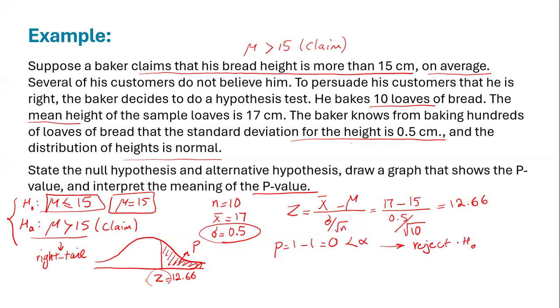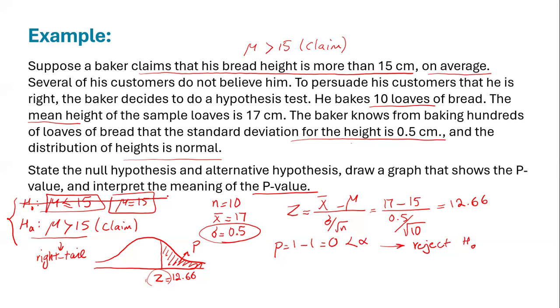If you reject the null, that means you may be able to support the alternative, because null and alternative are always complements of each other. If you reject one of them, you can accept the other one, based on the evidence.